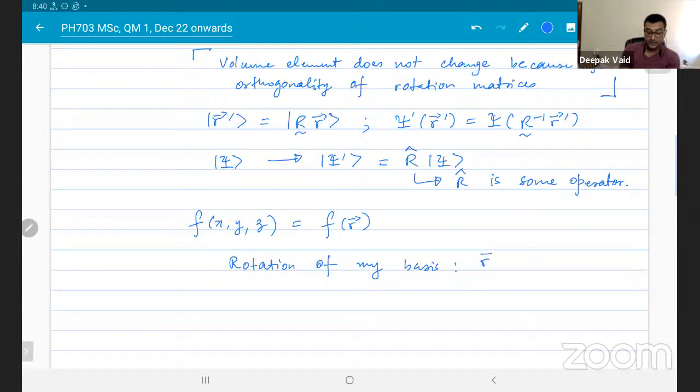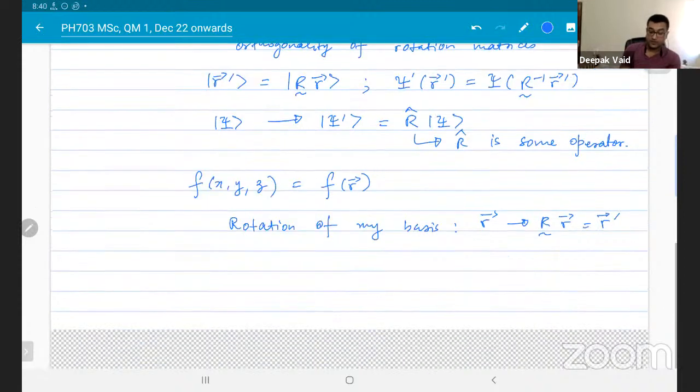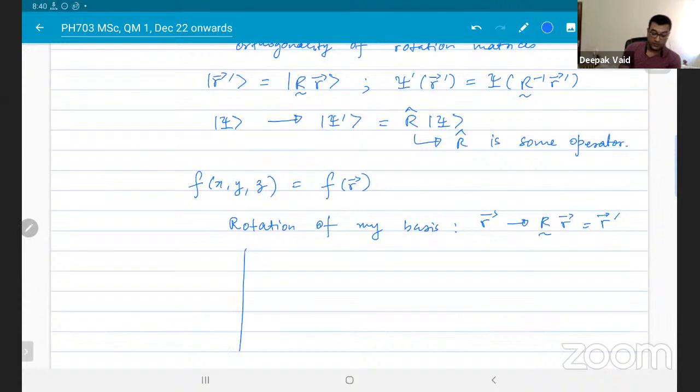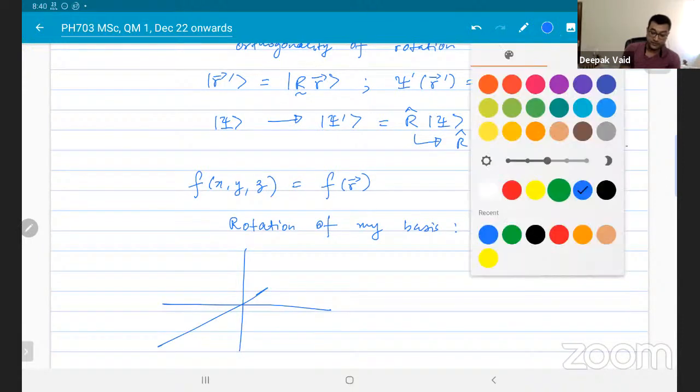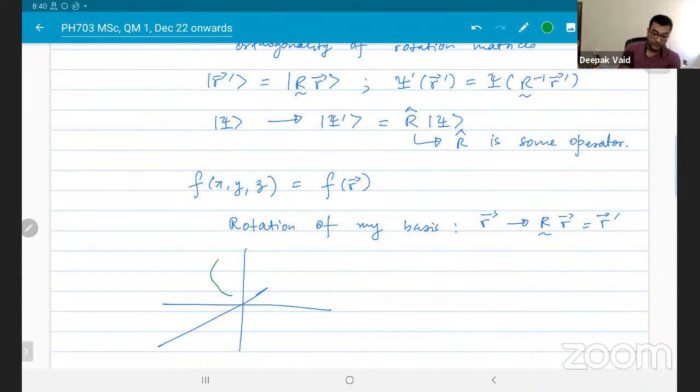So that means every vector r is changed into some vector r prime. Okay. Now what does this do? Imagine, let's say that your function looks like this. This is like a p wave, right? You remember from, so this is f of r. Okay, just to give you a schematic diagram.